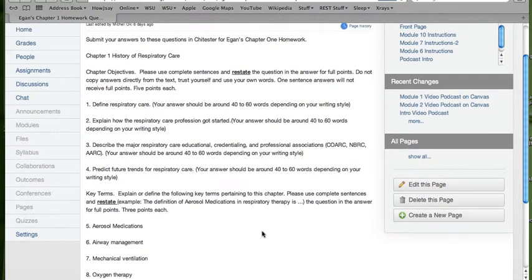One student, what they did is said, according to the text, respiratory care is, and then she stated out of the book, said this is what Egan says, and then followed it by their own words of what they thought that meant. So that is one way of answering the questions.